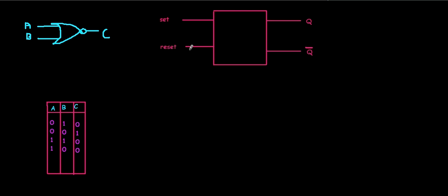And when I say press the reset pin, it means the same thing: connect reset to 5 volts. And when there is no input, meaning a 0 input, these pins are connected to 0 volts. That's it. Now I'll show you the truth table of this latch.